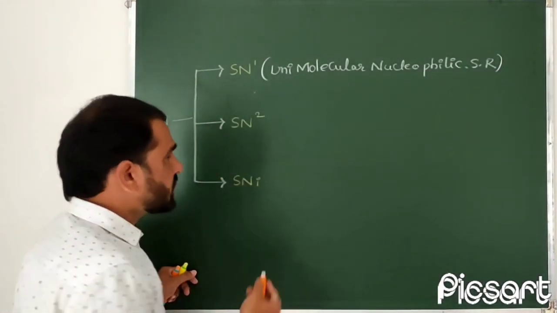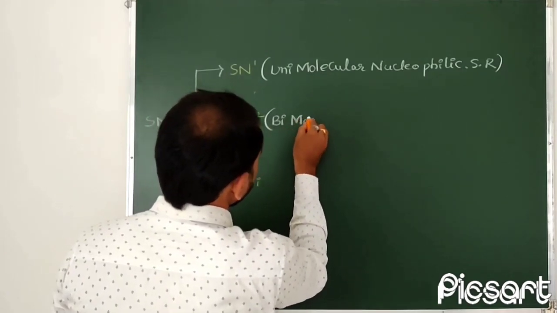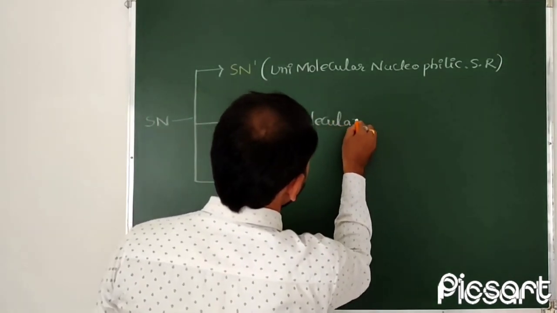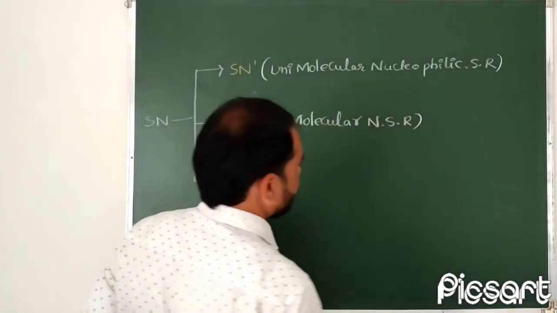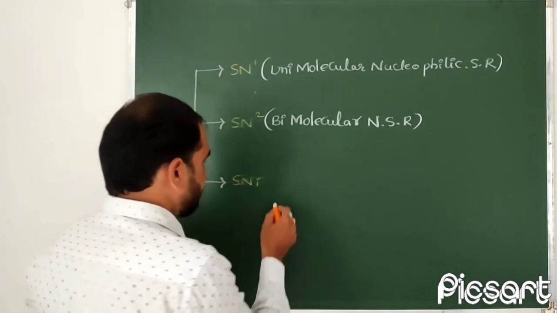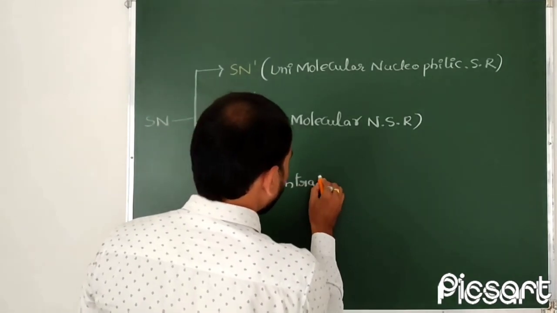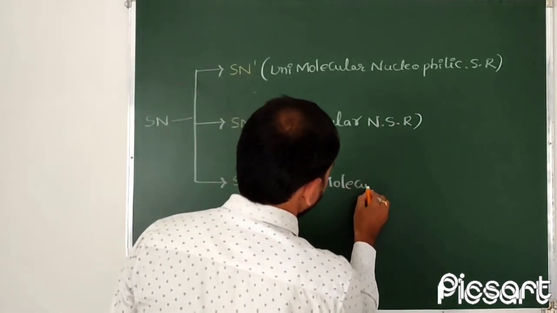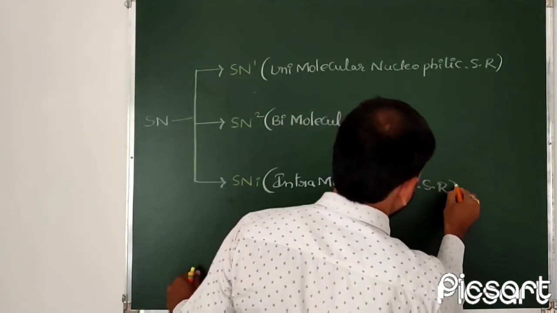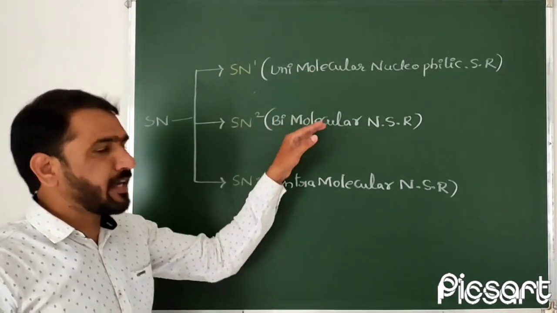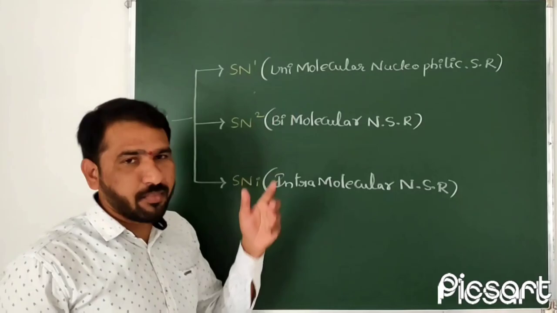Then SN2 means bimolecular nucleophilic substitution reactions. Coming to SNi, intramolecular nucleophilic substitution reaction. So these are the three types in nucleophilic substitution reaction. Let me discuss one by one.